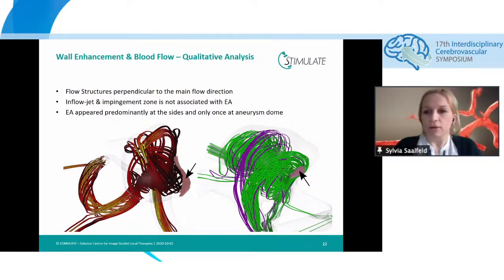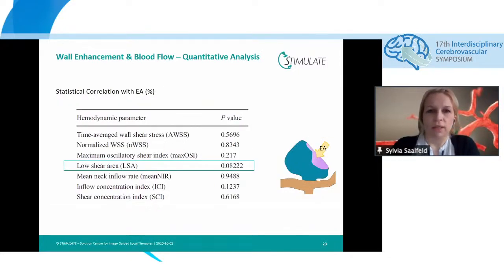And now I want to have a closer look at some quantitative results. We conducted a statistical analysis, and we were interested if there is a statistical correlation between our hemodynamic parameters and the percentaged aneurysm enhancement area. That means we have this area, you can see this purple area illustrated here, and we set it in relation to the whole aneurysm area.